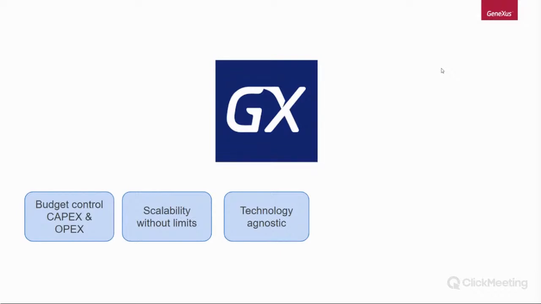It's very important to mention as well that Genexus creates open code, meaning that it's code that is usable through other development environments, therefore lowering tremendously the exit cost of Genexus.